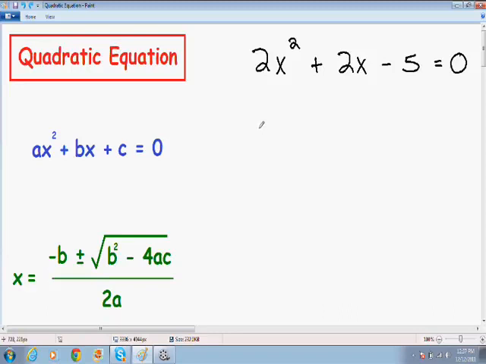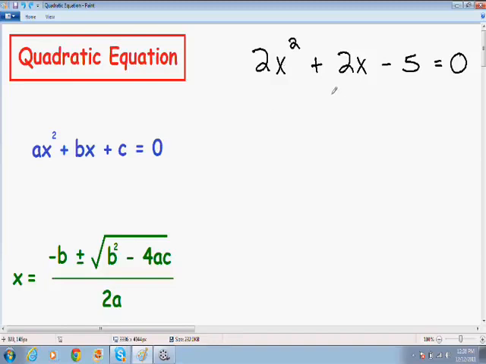In order to use the quadratic formula, the equation has to be in standard form. What I mean by that is that it has to be equal to 0. All the x terms and numbers have to be on the left, and everything has to be equal to 0. And the formula has 3 letters: A, B, and C. The A is always the number in front of the x squared term.